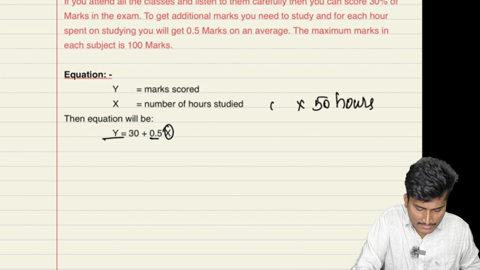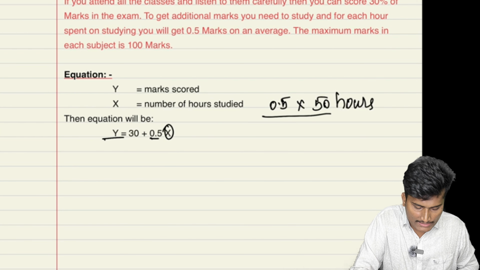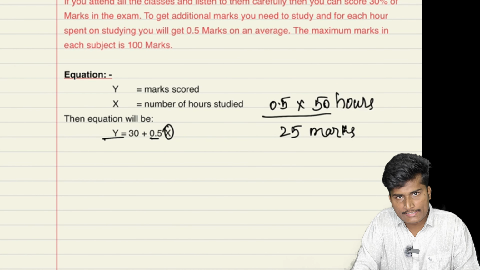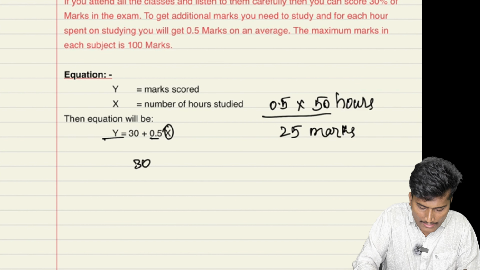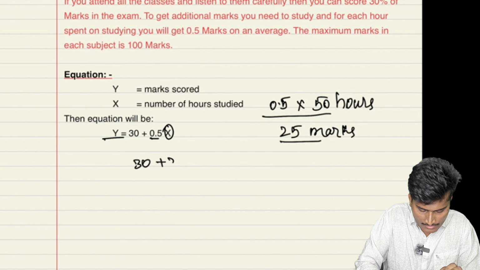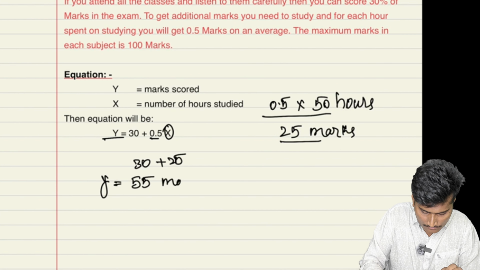So 50 into 0.5 is equal to 25 marks. For listening to the classes, you got 30 marks, and for studying an additional 50 hours, you got 25 marks. So the total marks you will get is 55 marks.